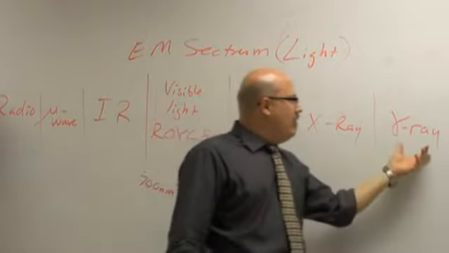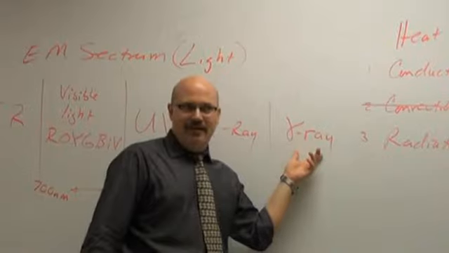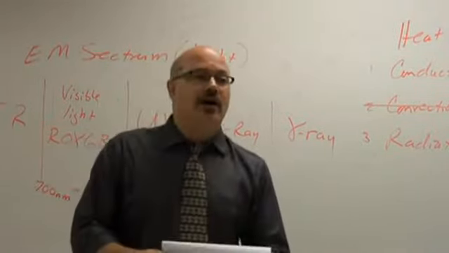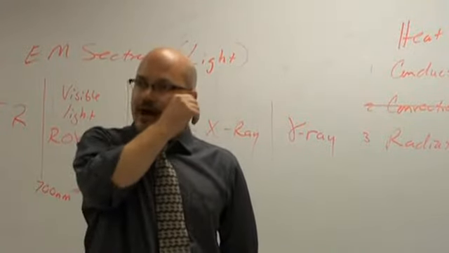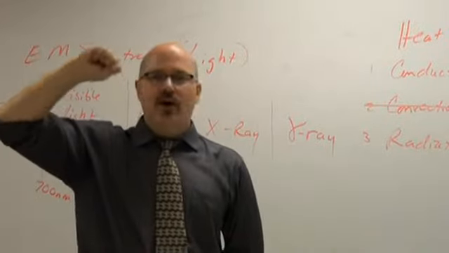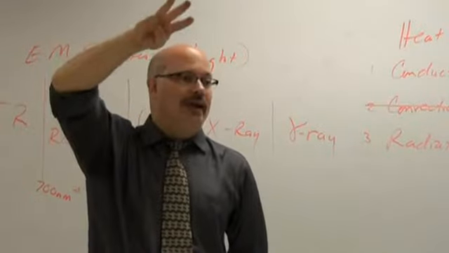All right? These are called gamma rays. Anybody know that one? Still don't know. Radiation? Yeah, actually it's because they discovered gamma rays because of nuclear radiation. They found 3 primary things that came from the nucleus. They called it alpha rays, beta rays, and gamma rays.